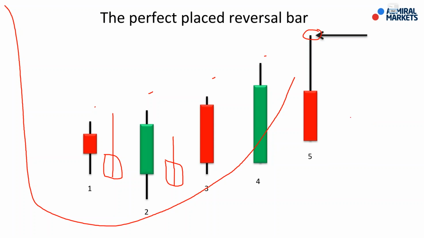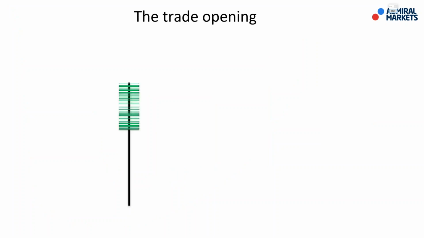Okay, let's talk about how we can open the trade. So you have your reversal bar. This is a perfect reversal bar. You have the shadow twice as long as the body, and this is a perfect reversal bar.